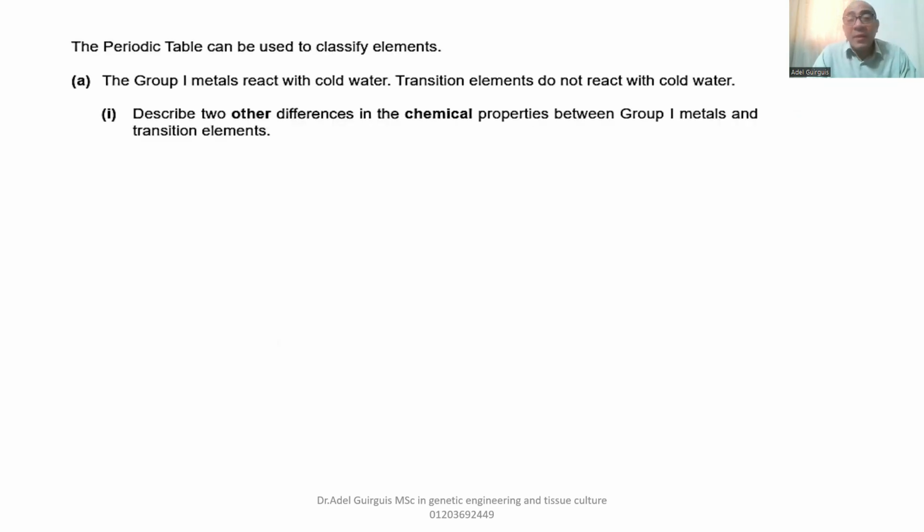Now, the periodic table can be used to classify elements. The group 1 metals react with cold water. Transition elements do not react with cold water. Describe 2 other differences in the chemical properties between group 1 metals and transition elements. 2 other differences with 2 marks.